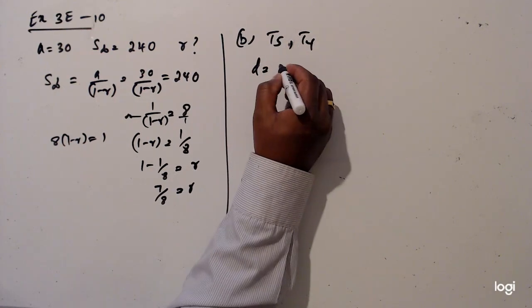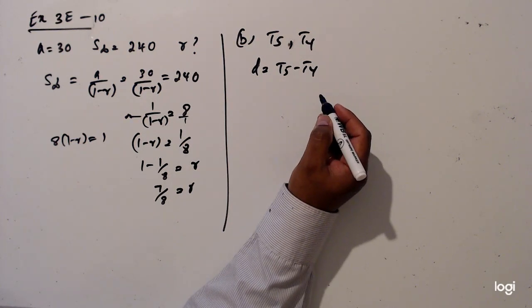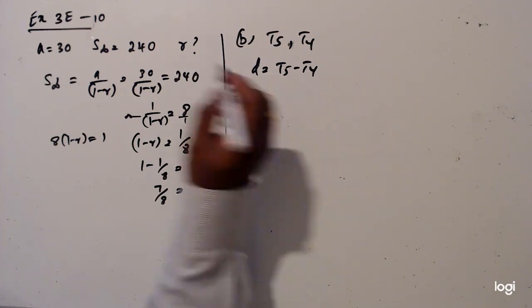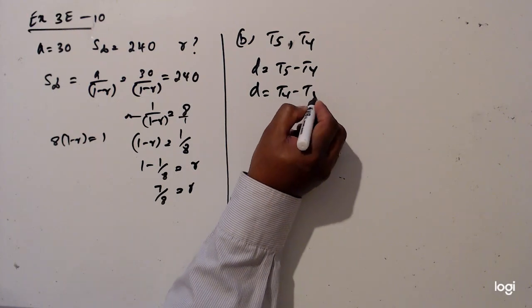So d equals T5 minus, let's consider T4. What is the best? Writing d equal T4 minus T5.